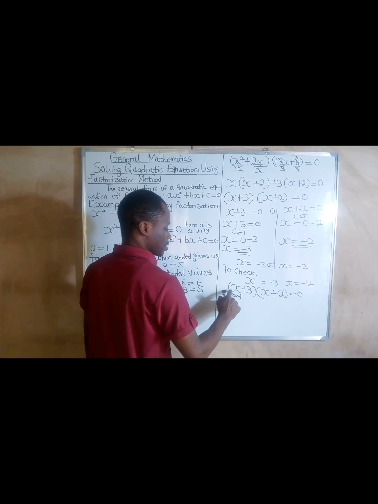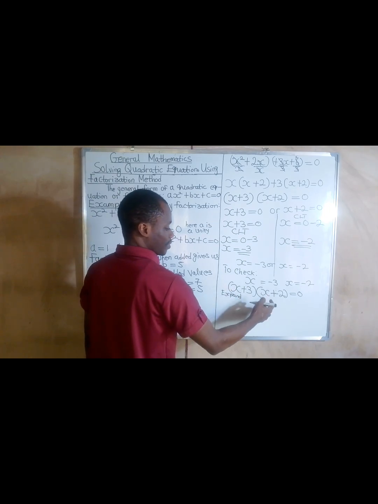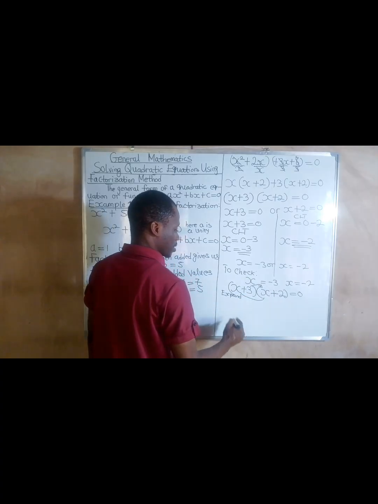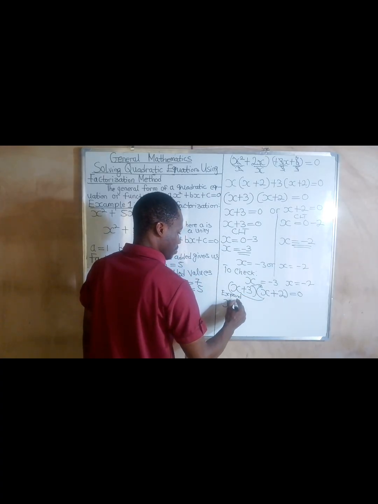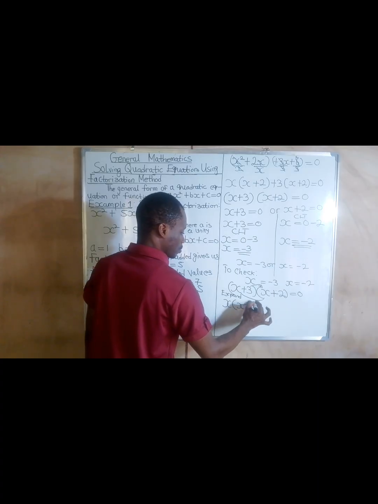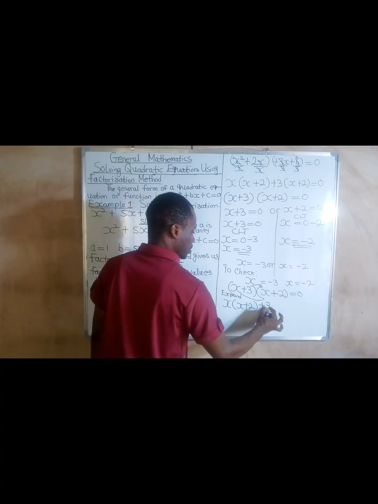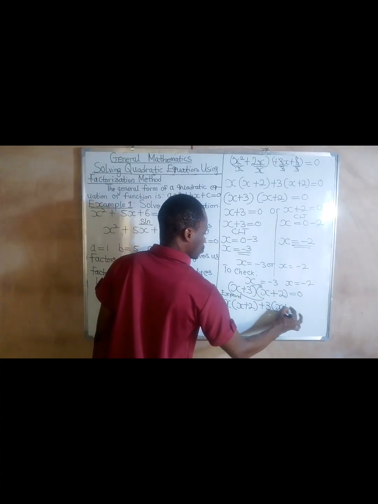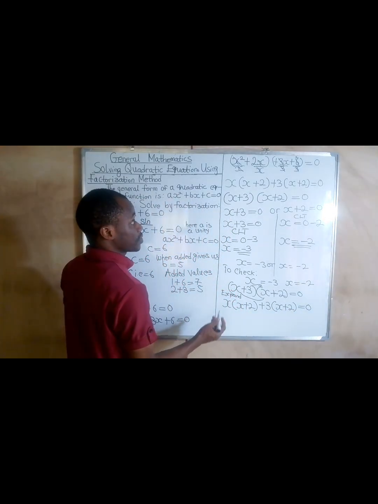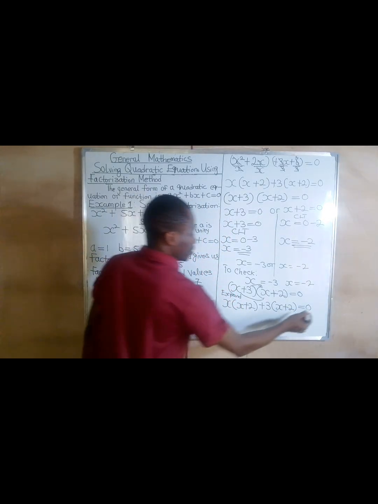In expanding, I'll take one of these times all of these, then I'll take one of these times all of these in this bracket. x bracket x plus 2, then plus 3 bracket x plus 2 equal to 0. If you agree with me, you see something that is the same here.